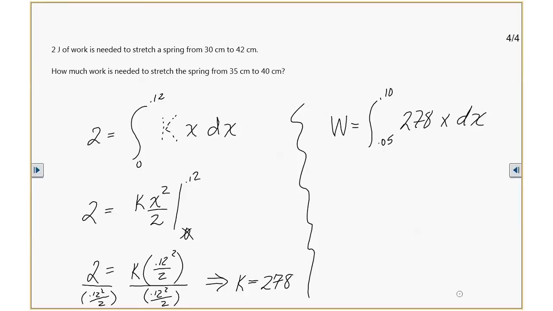Now, what's the difference between 30 and 35? 5, Hubert. That's right, class. And 5 centimeters is 0.05 what? Meters. And then what's the difference between 30 and 40? 10.